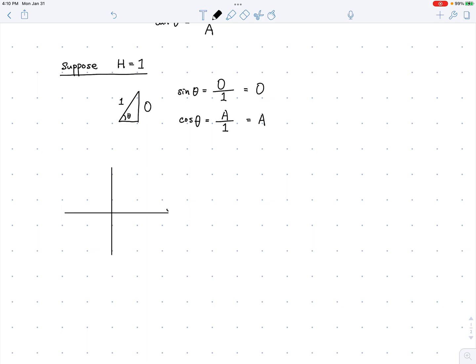So now if I'm on a two-dimensional plane, so I have x coordinate, y coordinate, and now on this plane, let me make a circle of radius 1, centered at the origin.